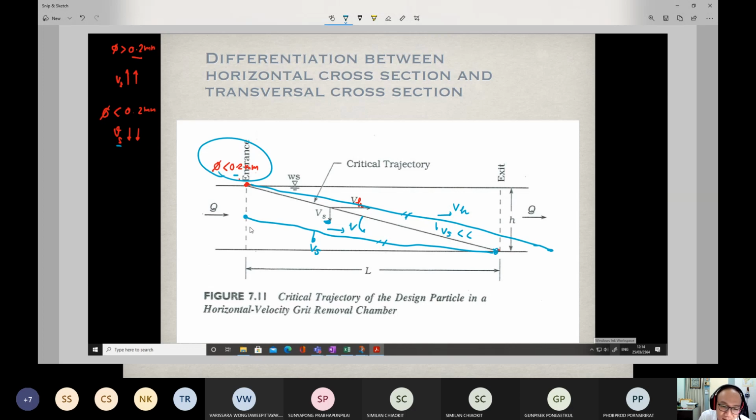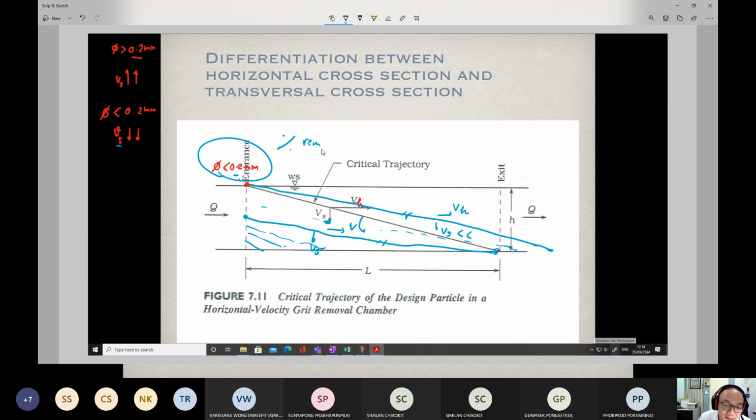Below this position, all the particles will be settled in the sedimentation chamber, but higher than this position, they will fall beyond the settling zone. So for particles with size smaller than 0.2 millimeters, there is some removal percentage.